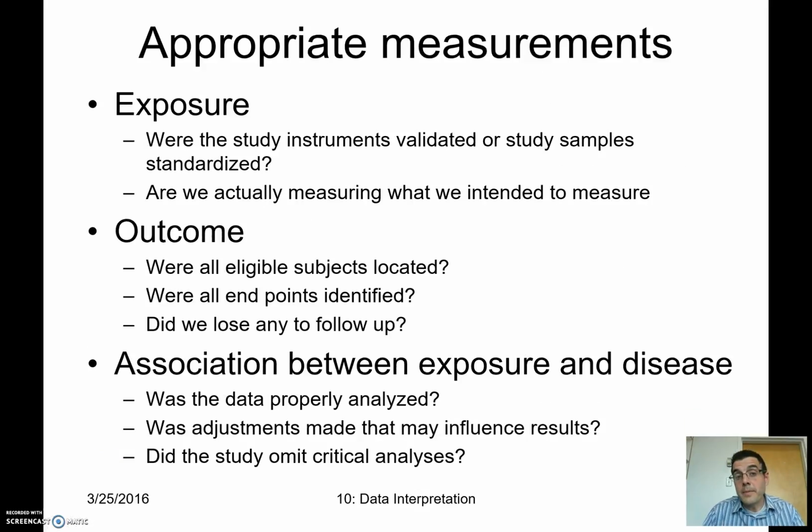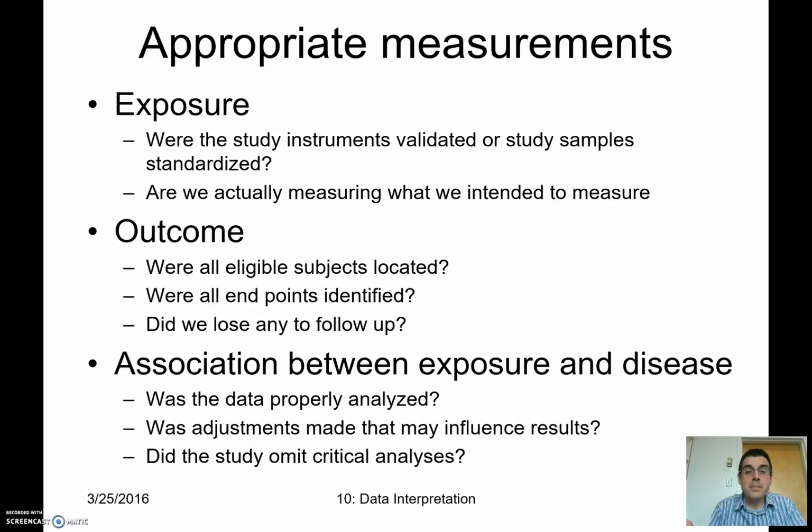So we'll break apart those appropriate measurements, specifically looking at exposure. I listed a couple of really good questions that help you think about exposure and whether an appropriate measurement was made. For example, were the study instruments validated or study samples standardized? When I talk about a study instrument being validated, you might ask how to relate to that.